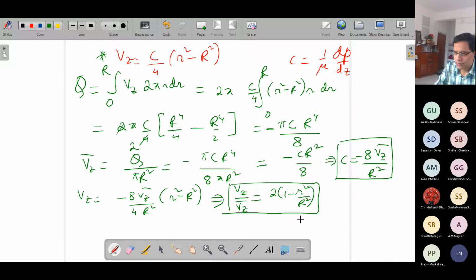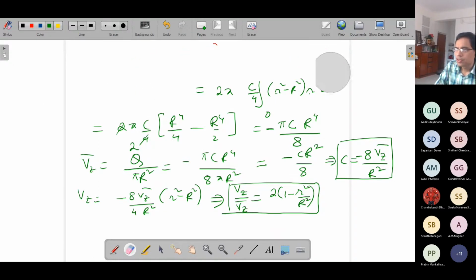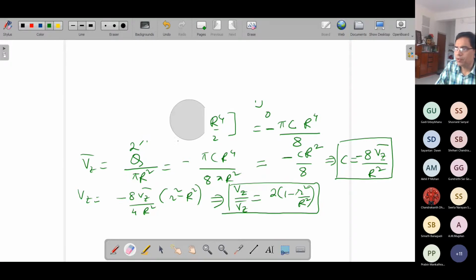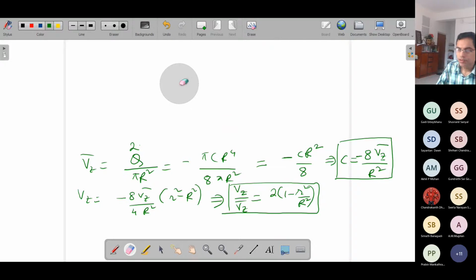Now, this velocity profile is important, but from an engineering viewpoint, what is also very important is the pumping power that you require to drive the flow. So there is a pipe. You need to have a pumping power. Otherwise, the fluid will not flow through the pipe.